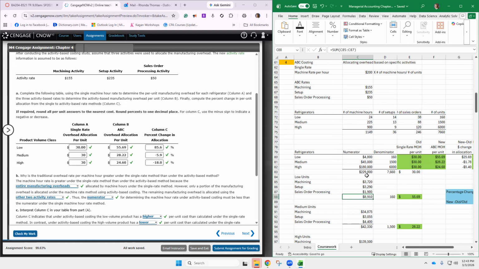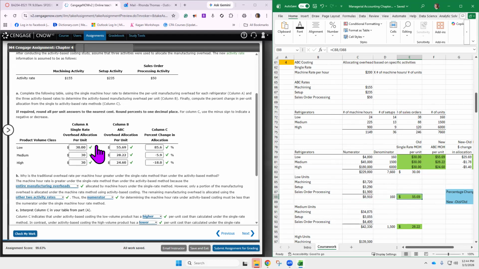When you add up all of the activities for the lowest volume, you get 8,910, and there are 160 units. And that means 55.69 is how much we're going to apply of overhead to each unit.